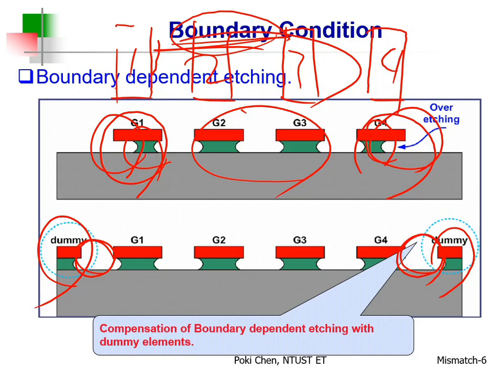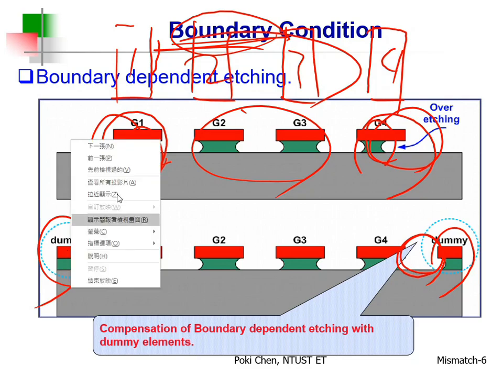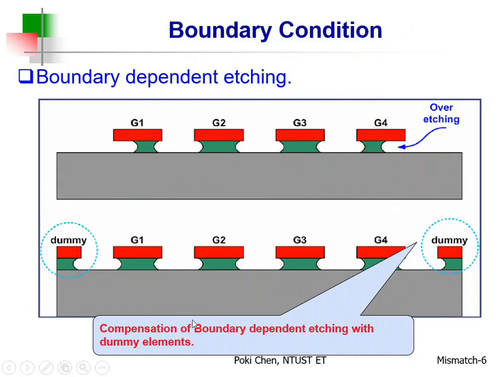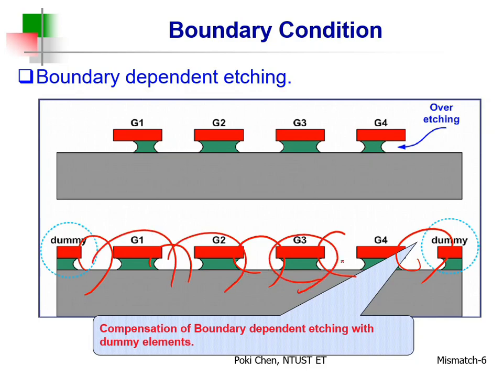Right? In this way, here and there will have almost the same diffusion compared to the others. And it means what? After fabrication, you will have almost the same size through the help of dummy. Okay, that's it.